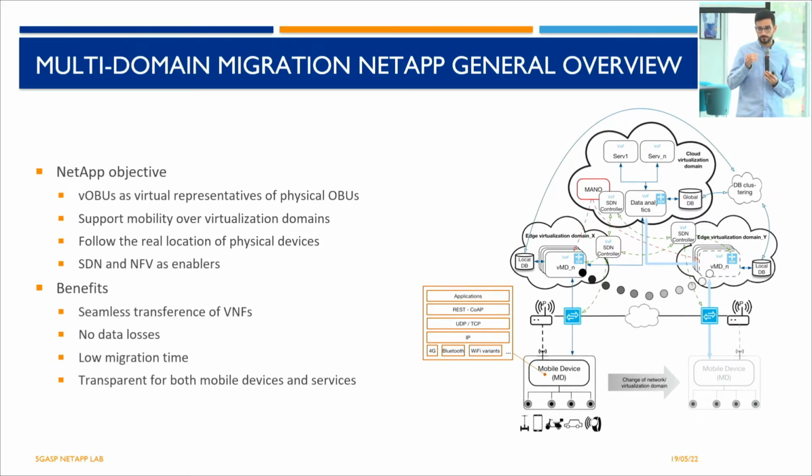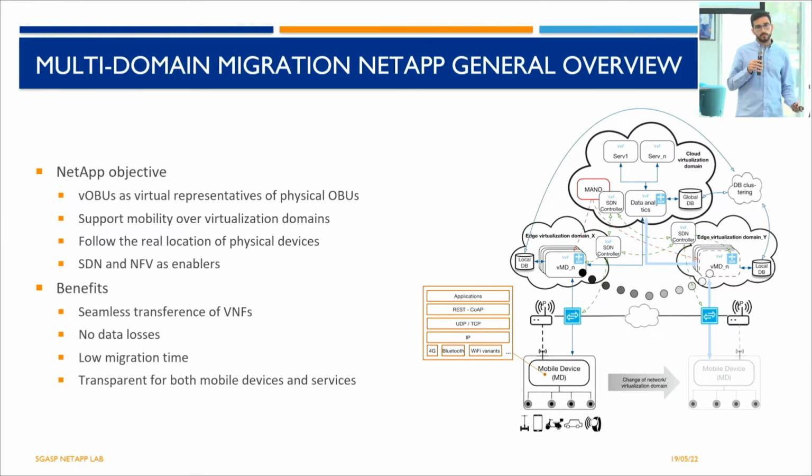For example, if the virtual OBU is instantiated in one MEC and the vehicle keeps traveling, we will lose that capability. So we will try to follow the physical device. Obviously, we use the technology we use in 5GASP, such as SDN and NFV, as enablers to make this possible.